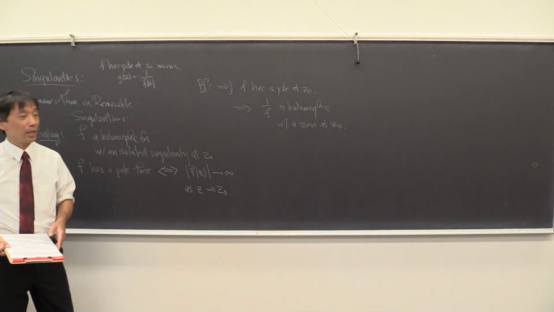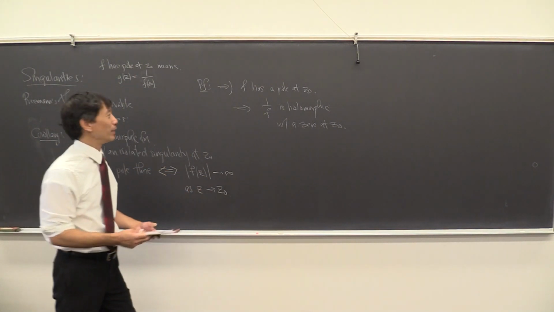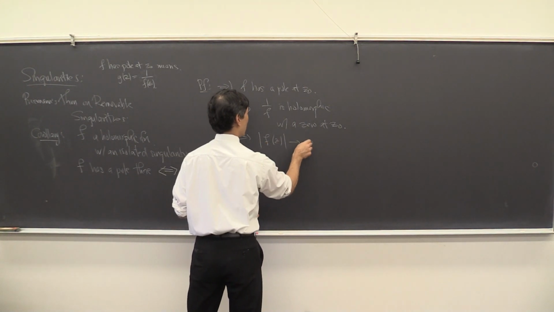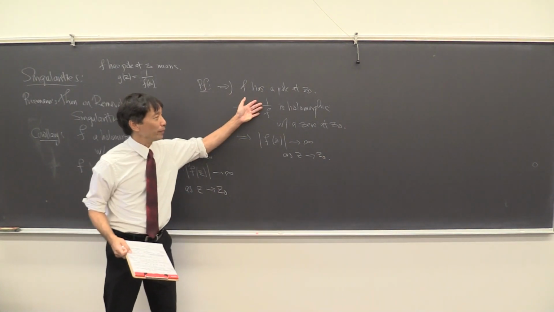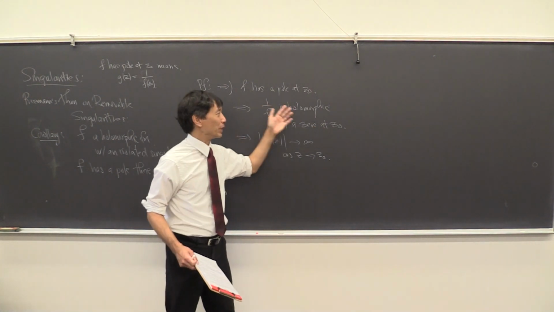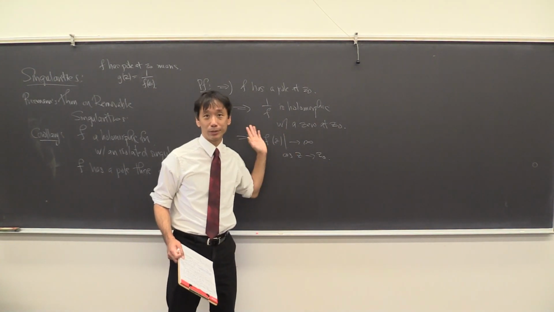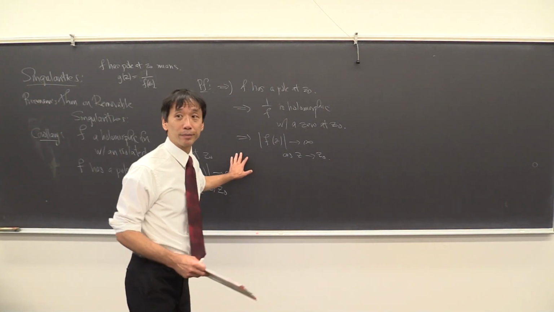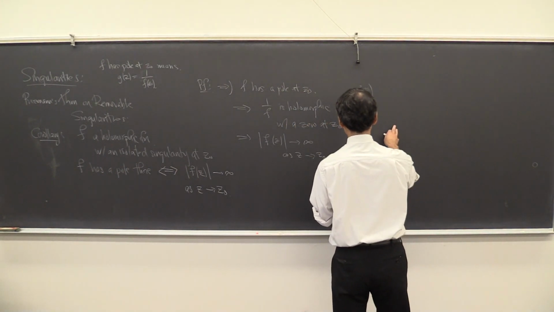And of course, that means that the absolute value of f of z is going to go to infinity as z goes to z naught, because you're holomorphic with a 0 there. Your values are going to get arbitrarily close to 0, so 1 over that is going to get arbitrarily large. That's the easy direction. The other direction's also pretty straightforward.